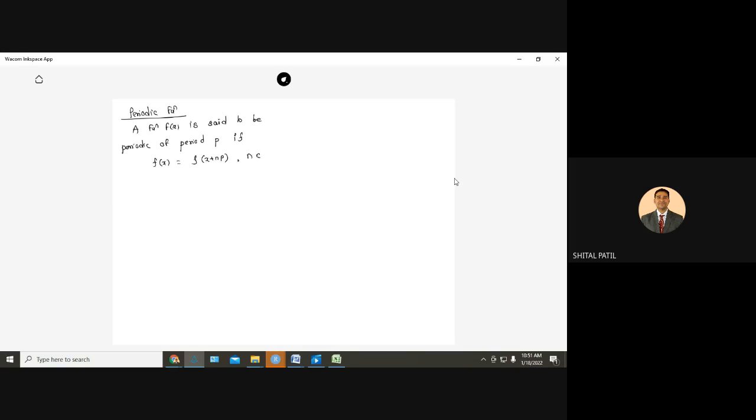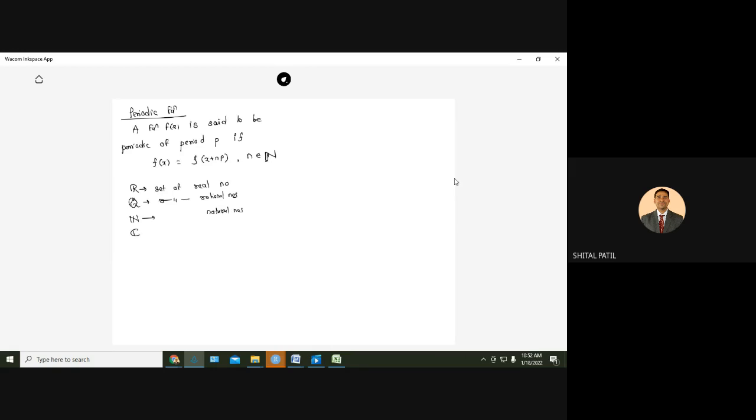What is n? n belongs to the set of natural numbers. Mathematically, it is written like this. Two lines are written; this is the set of real numbers. Hope you know all these things. This is the set of rational numbers, natural numbers, and so on.